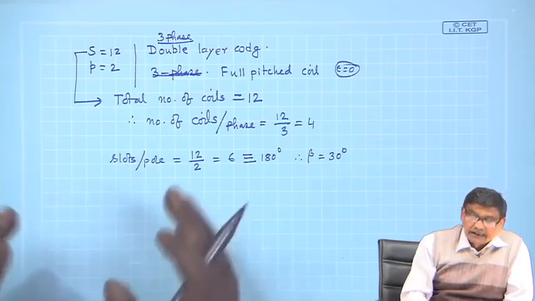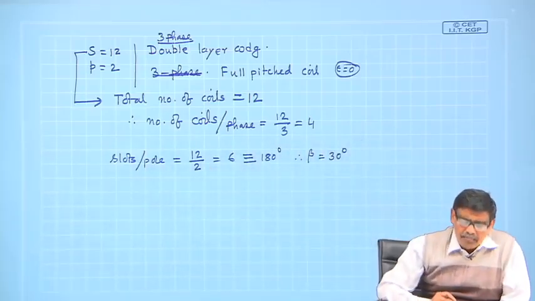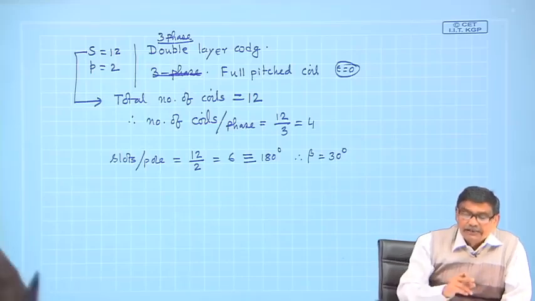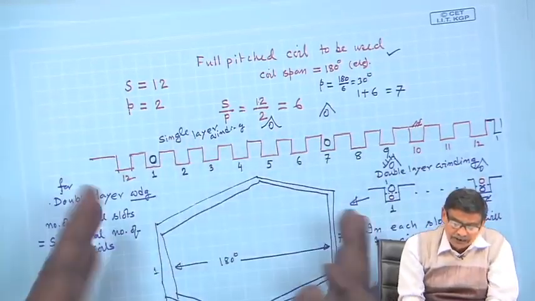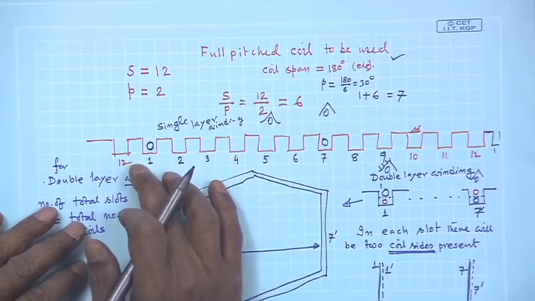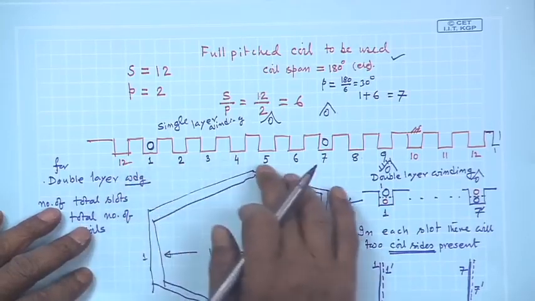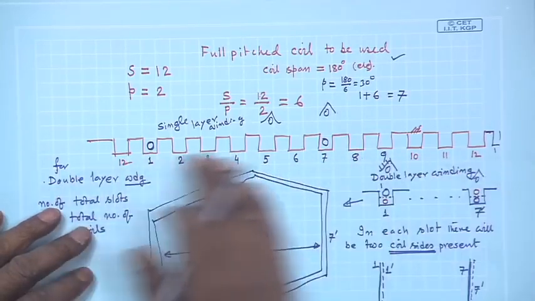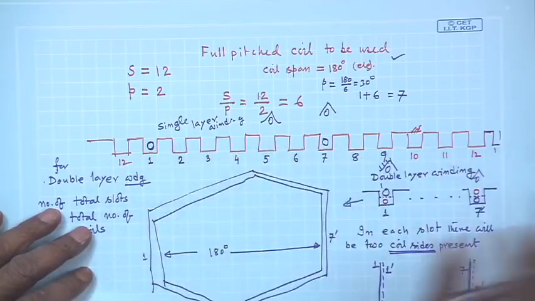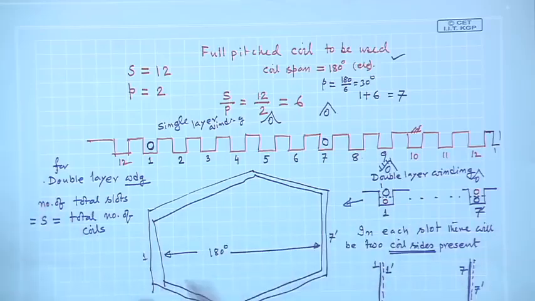And then there are 12 slots. Any slot on the rotor you can number as 1, but once you fix that, the other slot numbers get fixed. So, 1, 2, 3, 4, 5, 6, I could call this also 1, 2, 3, it does not matter, because after all things will be rotating.